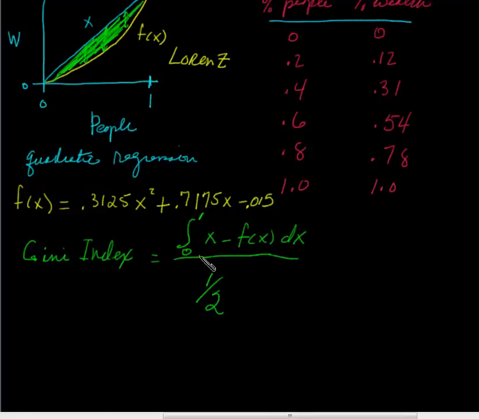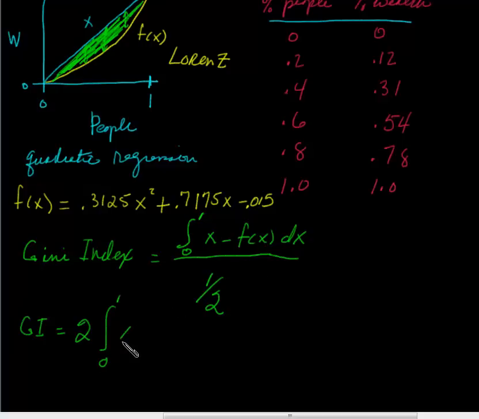Now, dividing by 1/2 is the same as multiplying by 2, so I can refine my Gini Index a little bit. I can call it 2 times the integral from 0 to 1, and now I can put in what x and f of x are.